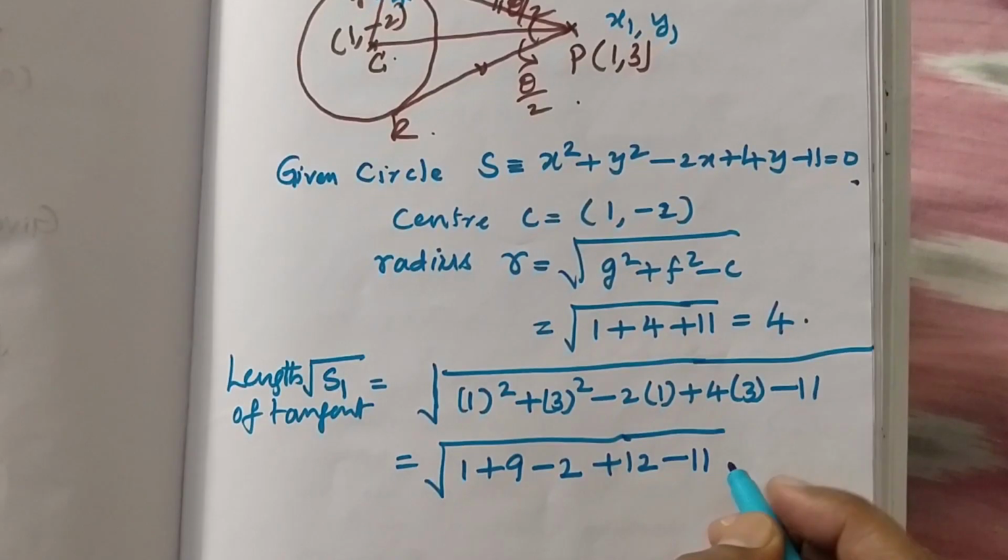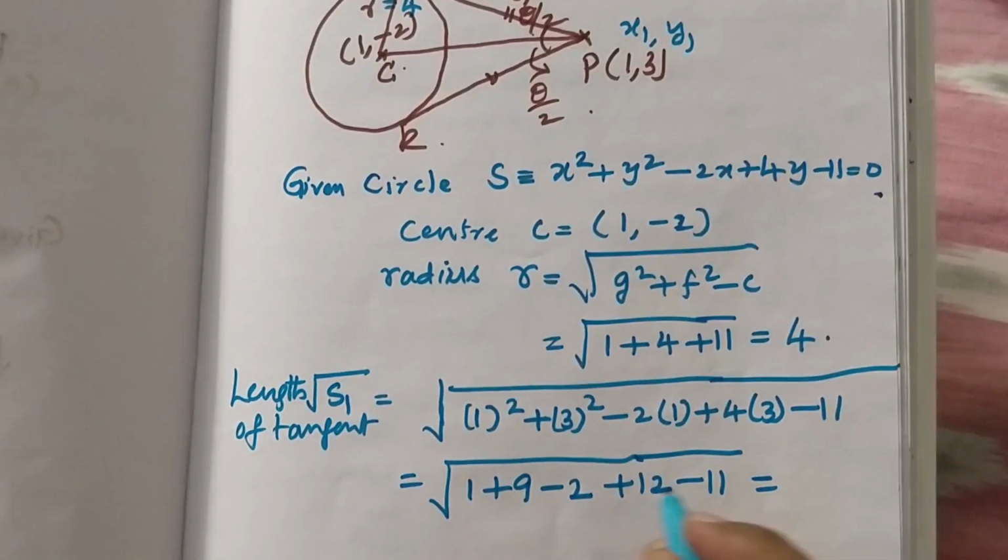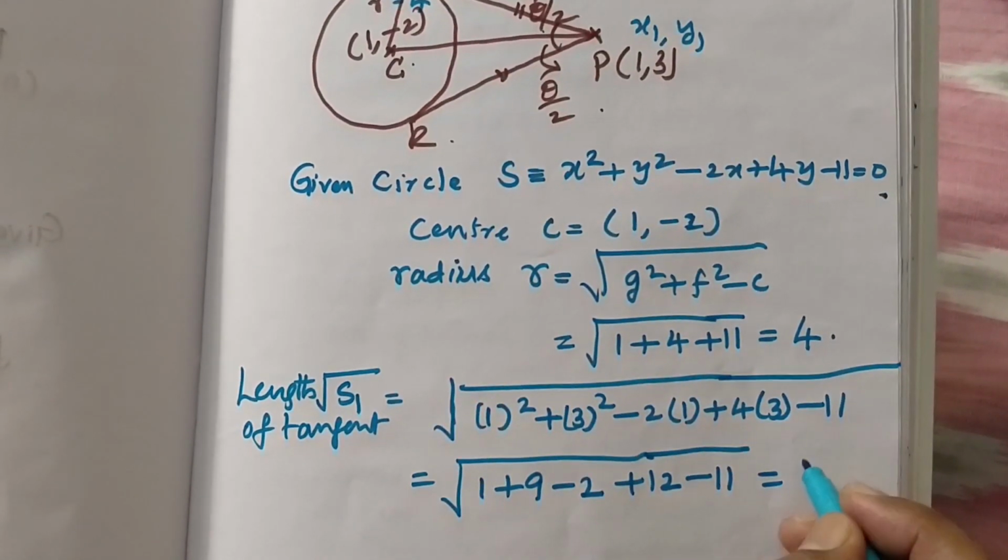That is equal to how much? 13 gets cancelled. Root 9 is 3.